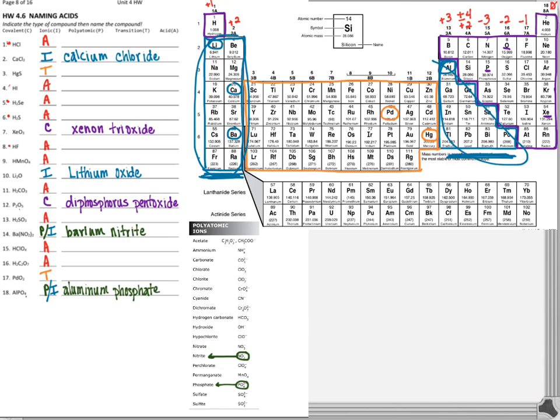So again, the rule for binary acids, I'm going to write it down here. You're going to start off with the prefix hydro.